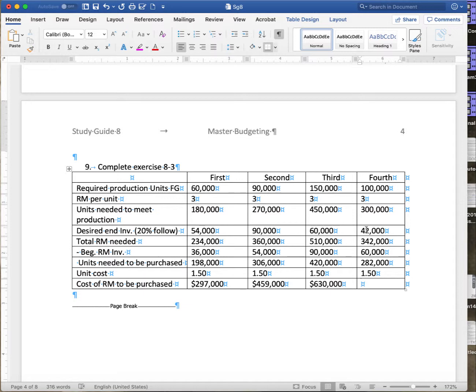What's the cost of that? Well, I multiply that 282,000 times $1.50. I end up with $423,000 worth of raw materials cost to be purchased in the fourth quarter.